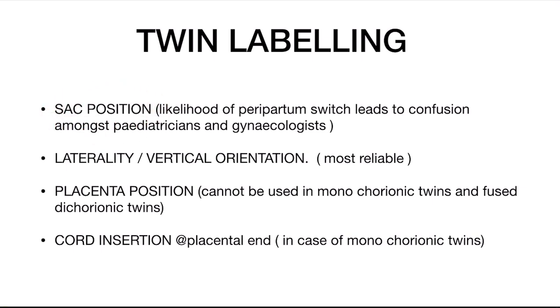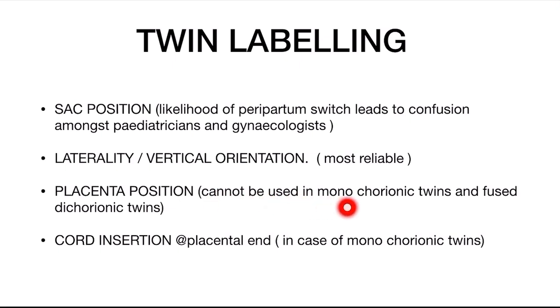A better method is to use the laterality method or the vertical orientation method. It is the most reliable method. Third one is placenta position. You just claim the fetus with the placenta posterior or the placenta anterior.